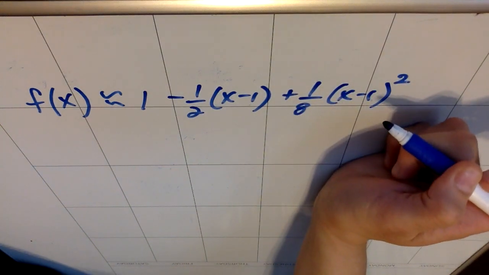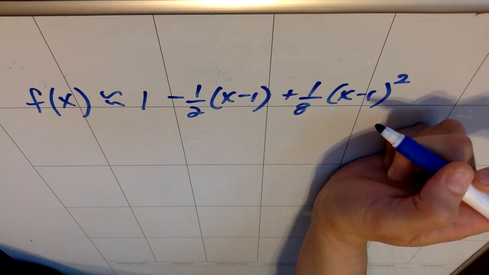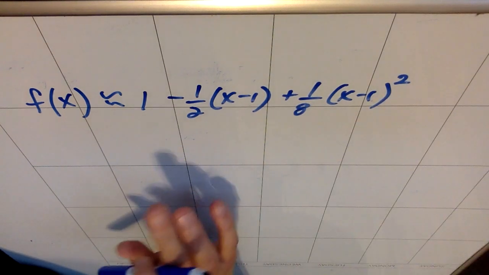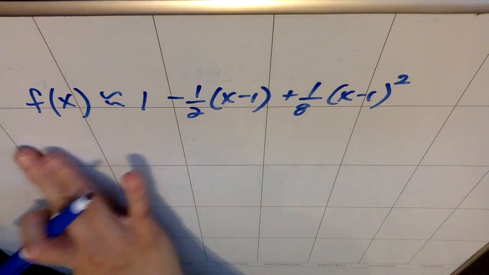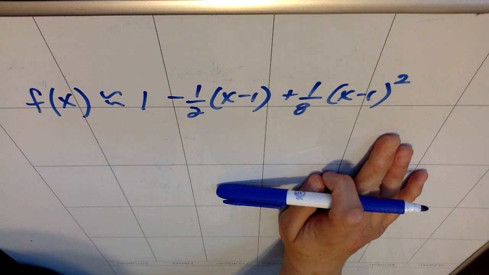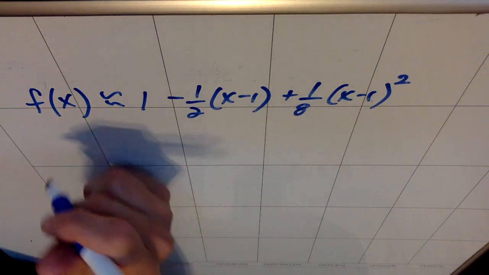They asked you to use the first 3 non-zero terms. 1, 2, 3, that's non-zero. So f can be approximated by these terms. That was our answer to part A, but instead of giving the entire thing, we only gave the first 3. One way you sometimes see this is like a p sub 2 of x, because it's up to the second degree.